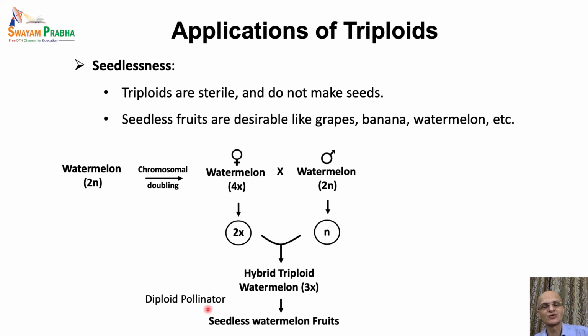Diploid cultivars used for this purpose are selected in such a way that either they are early maturing as compared to the triploid, or they have some specific morphological features like different rind color or a different color pattern of the fruits. These morphological features of the diploid plants help to identify the diploid plants or separate them from the triploids.